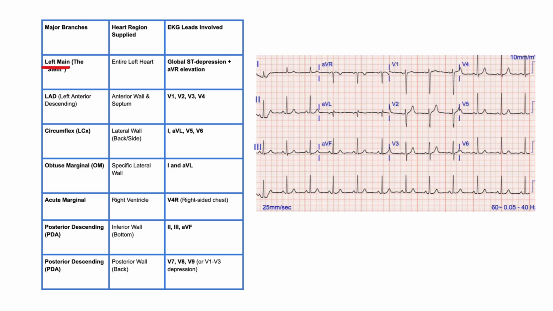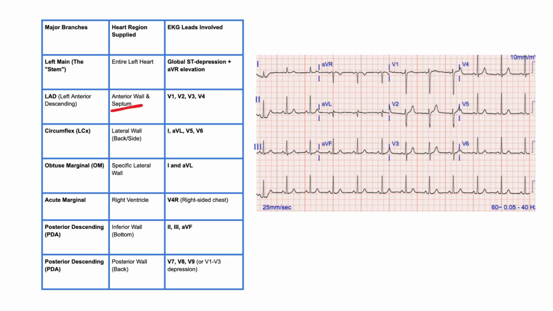Beginning with the left main coronary artery, we know it supplies almost the entire left side of the heart. There are EKG changes almost everywhere on the standard 12 lead ECG. And next will be the left anterior descending artery, which is a branch from the left main, supplying the anterior wall and the septum.